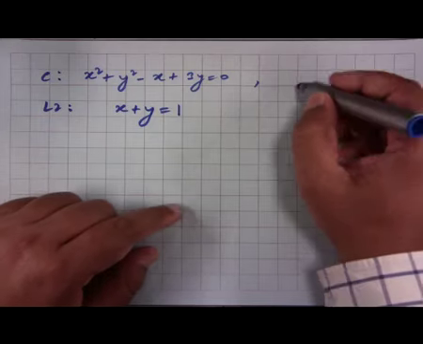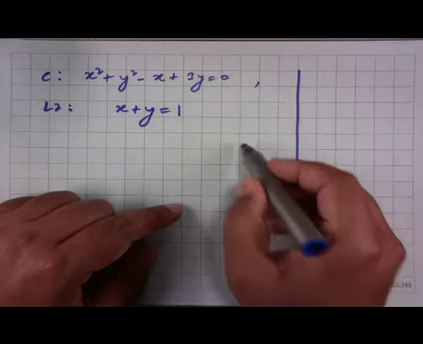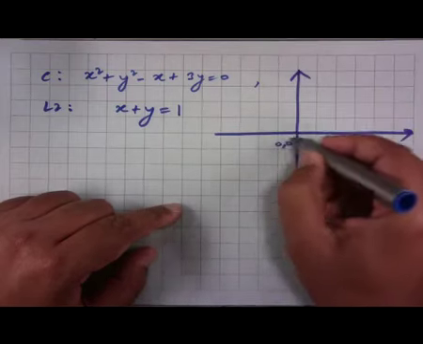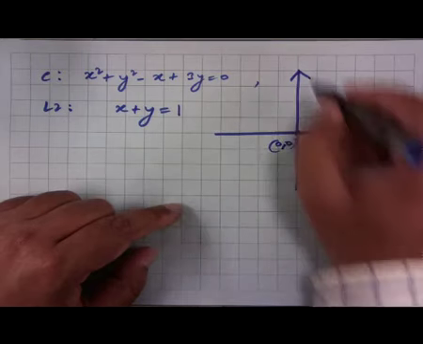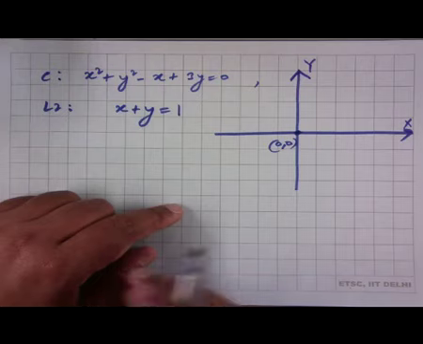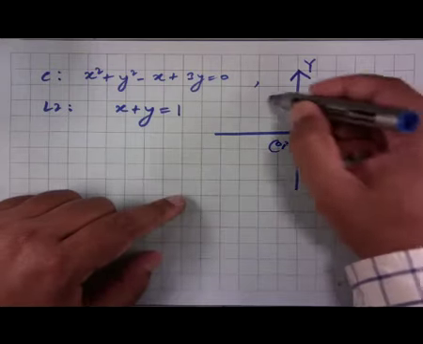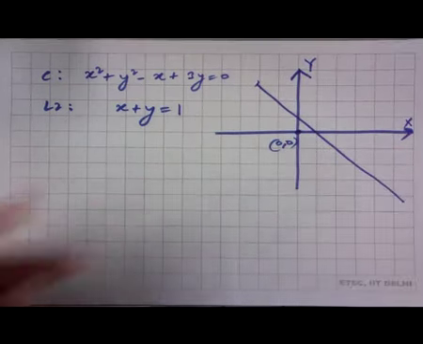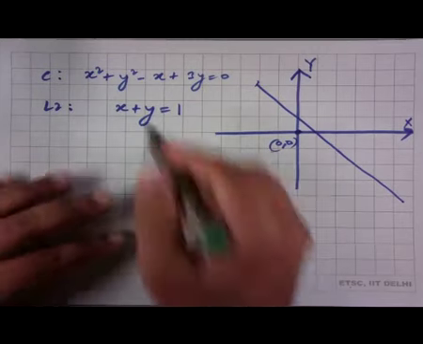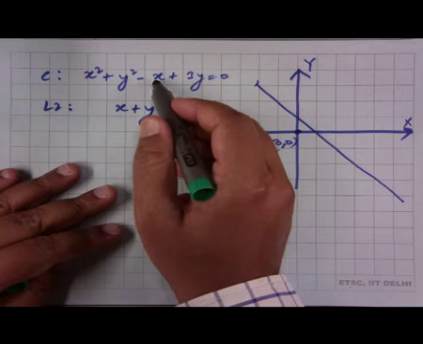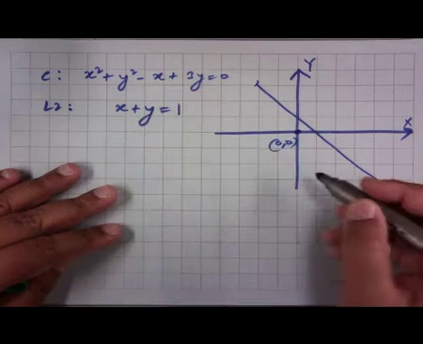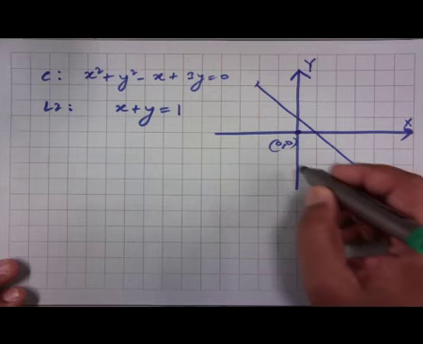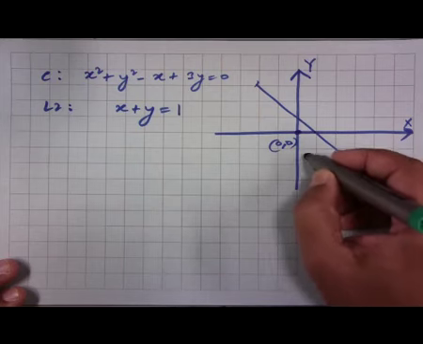So, if we were to draw, let this be the origin, and clearly this straight line is the one which I have drawn in blue, and the circle, if we see, has a center at x equal to half and y equal to minus 3 by 2.